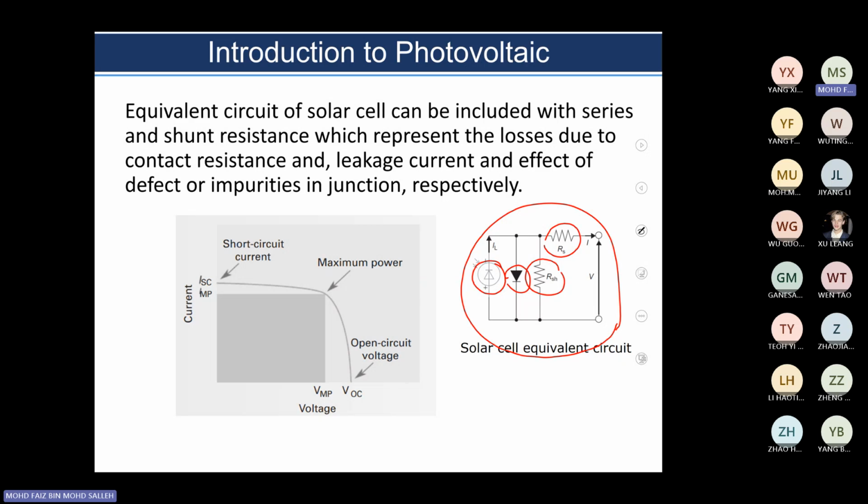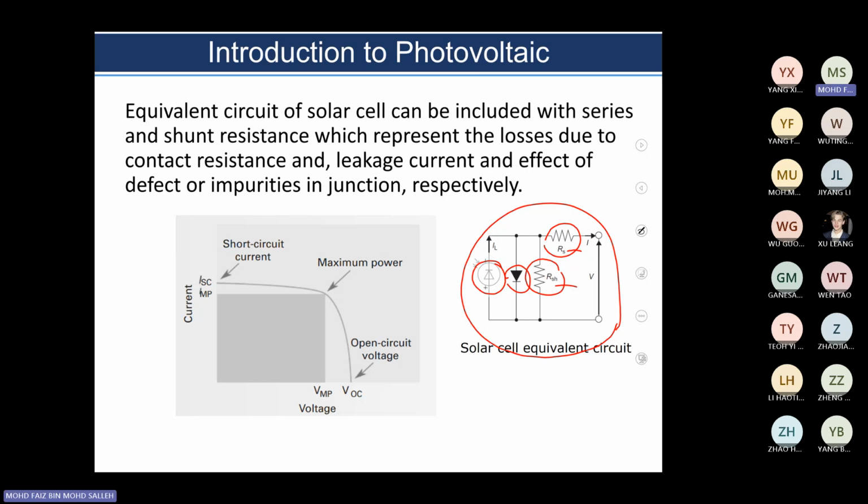The diode will not allow current to flow in the opposite direction. These two resistors, one we call the series resistor, and one the shunt resistor. The series resistor models the resistance due to the contacts in the solar cell or outside with the circuit. The shunt resistor we usually consider as the leakage current due to defects and also recombination inside the solar cell.